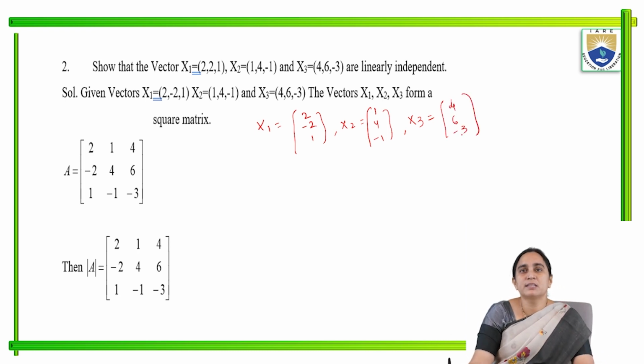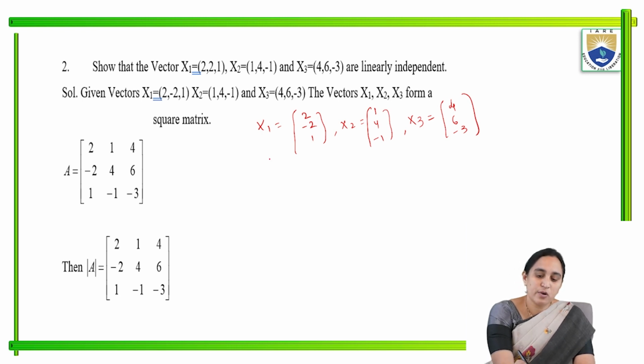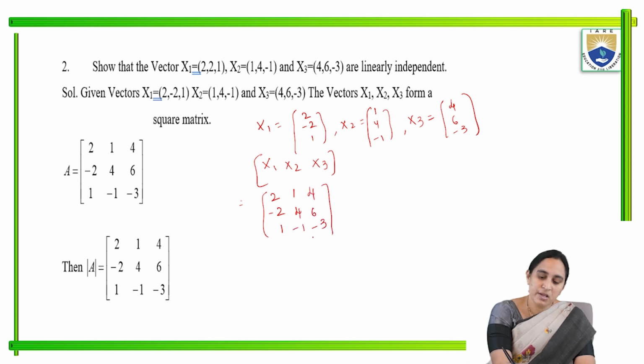Write x1, x2, x3 as column-wise matrices. For that, we have to form one square matrix from the given column matrices x1, x2, x3. The first column is (2, -2, 1), the second column (1, 4, -1), the third column (4, 6, -3).